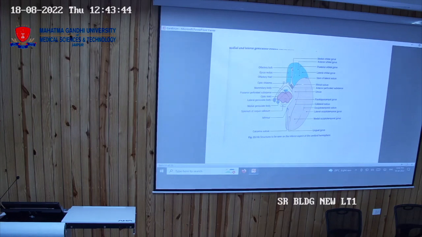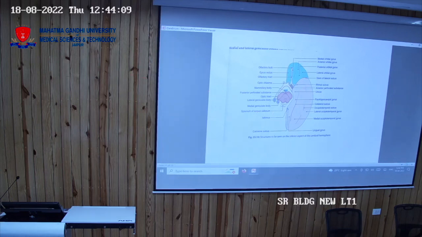So the stem of the lateral sulcus divides this inferior surface into two parts. There is a lateral sulcus and a medial one, this is the collateral sulcus.